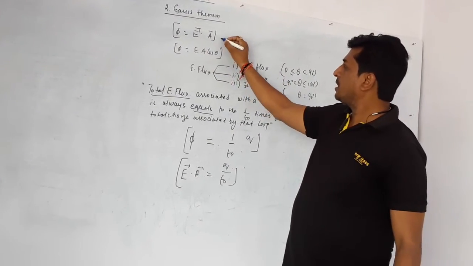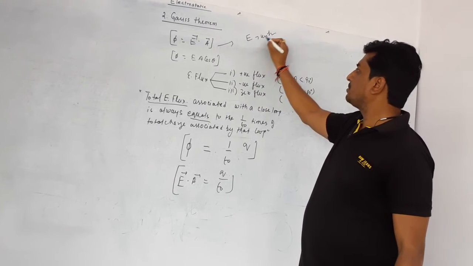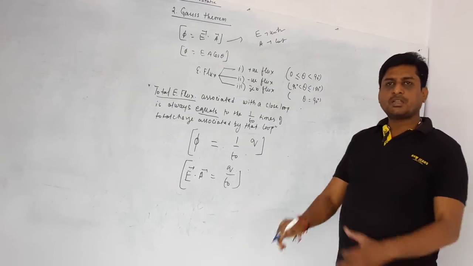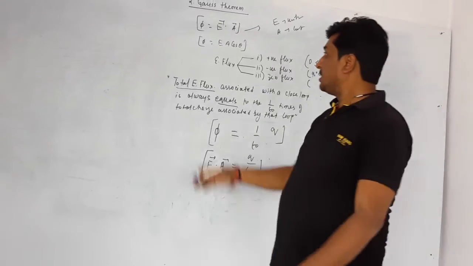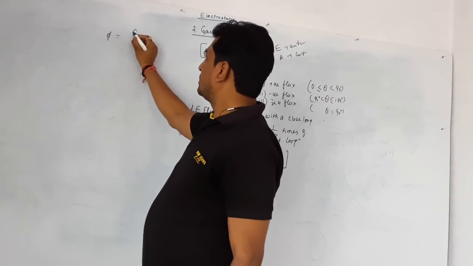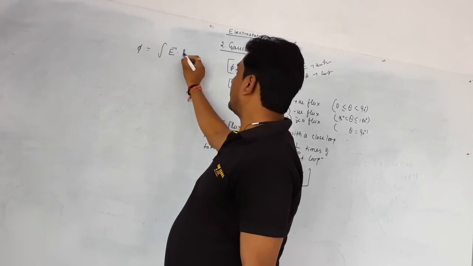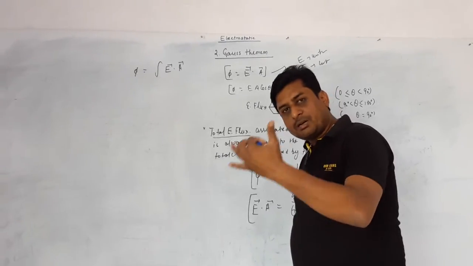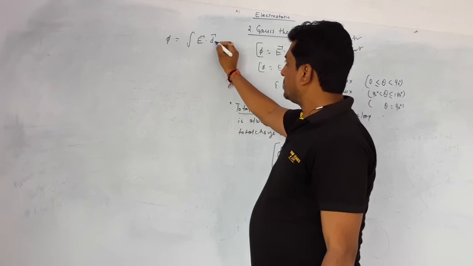In this formula we are using, electric field intensity is uniform, or you can say area is constant. Suppose that area is not constant, it changes. Then what happens? Then this formula will be written in this way. Flux is integration of vector E dot vector A. If you consider a small area of that particular portion, so in place of A, the symbol ds is used.